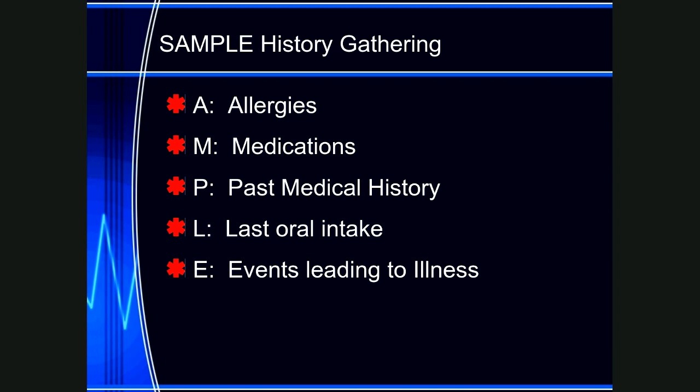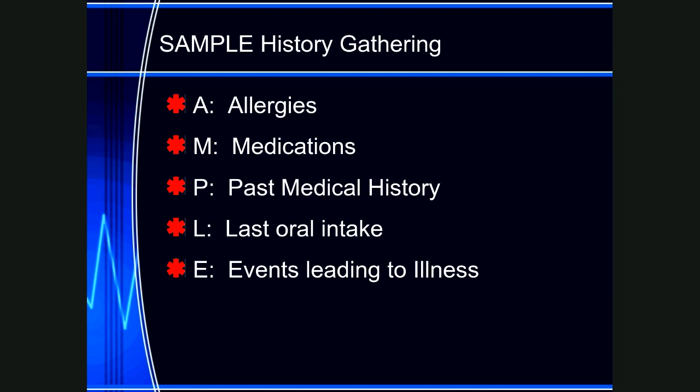L, last oral intake. When was the last time you had something to eat or fluids to drink? The reason for that is if you take the patient to the hospital and they need to have surgery, they cannot have anything in their stomach because of the possibility of aspirating if they were to vomit.